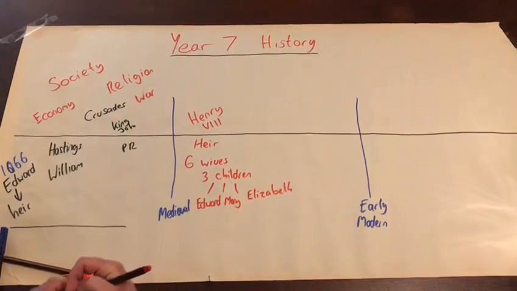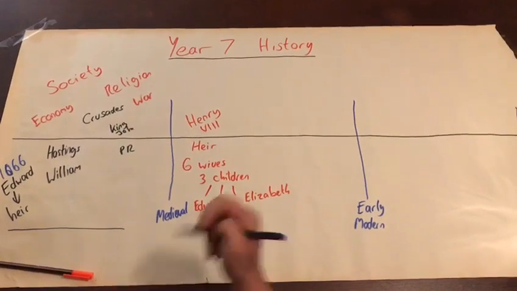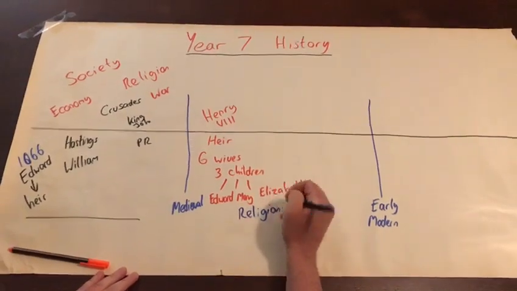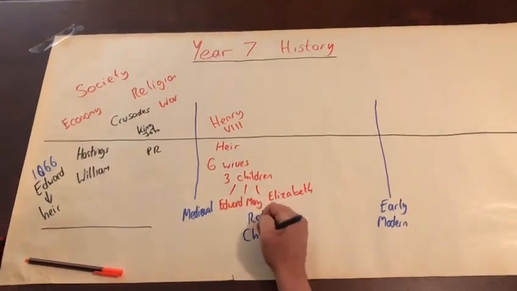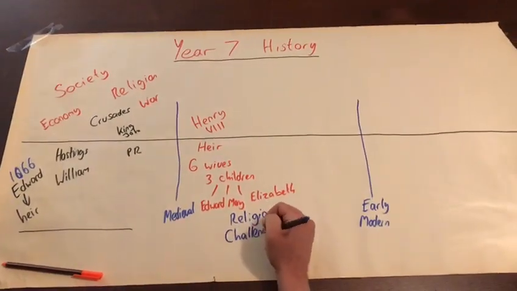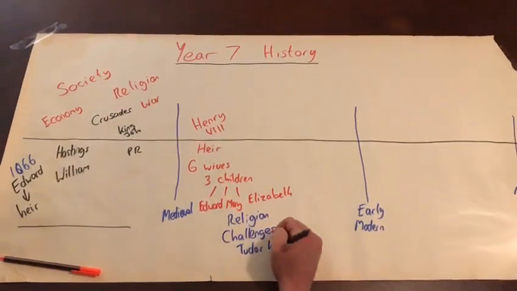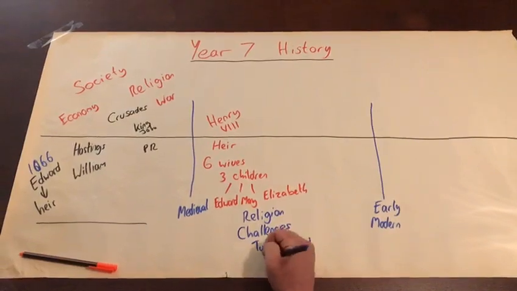Now one of the big differences that we got here was religion. This is one of the major factors here, in religion and religious challenges. So what we could see this generally as is challenges to the Tudor kings and queens.